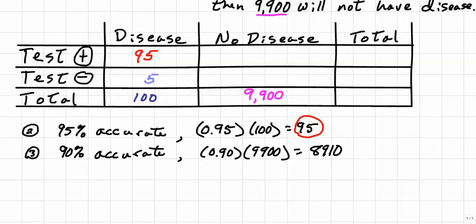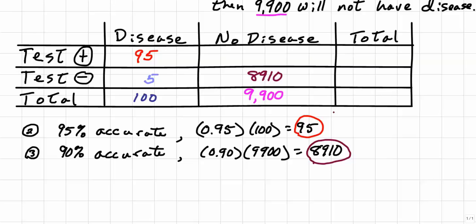This value is going to go right here, because the test is 90% accurate in determining that the person does not have the disease.